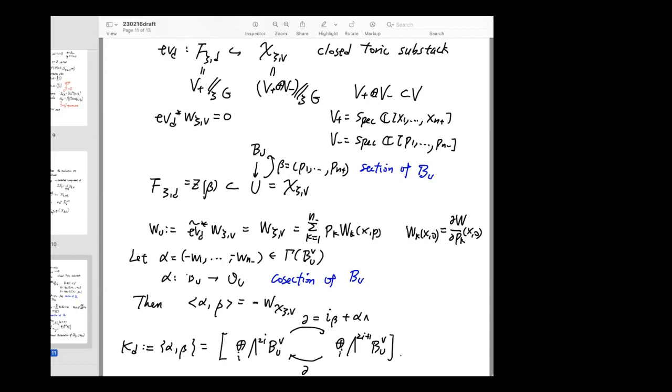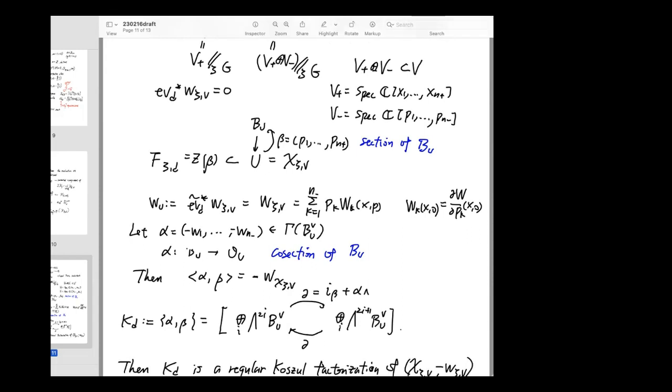And then since this superpotential restricts to 0, we can write it in this form, where x_k, there's some ambiguity in choosing w_k, but there exists a choice. When restricted to F, they are just the partial derivative of the superpotential with respect to p_k. Now we can let alpha be this.